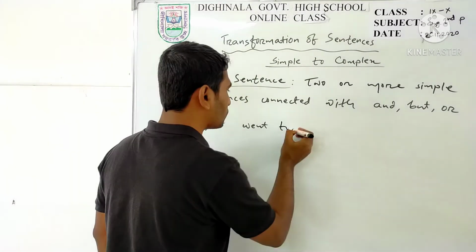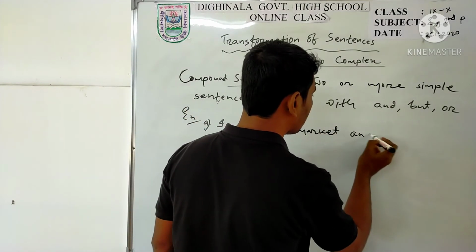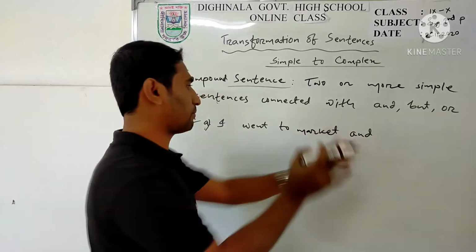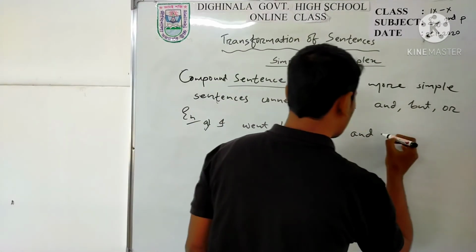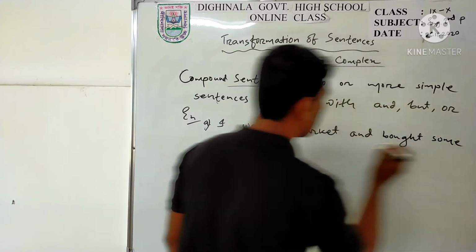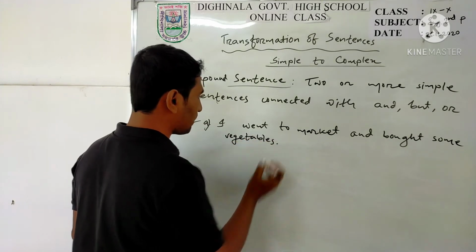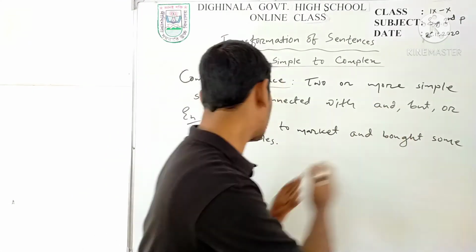So I went to market and the subject is the same, so we don't need to put the subject again. I went to market and bought some vegetables. So this is compound sentence.